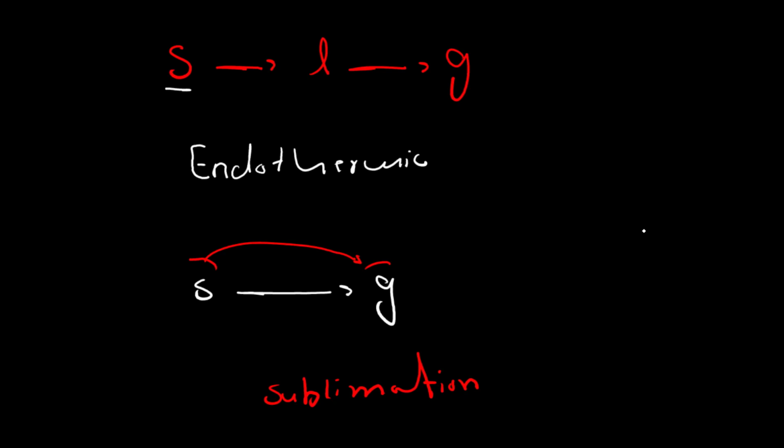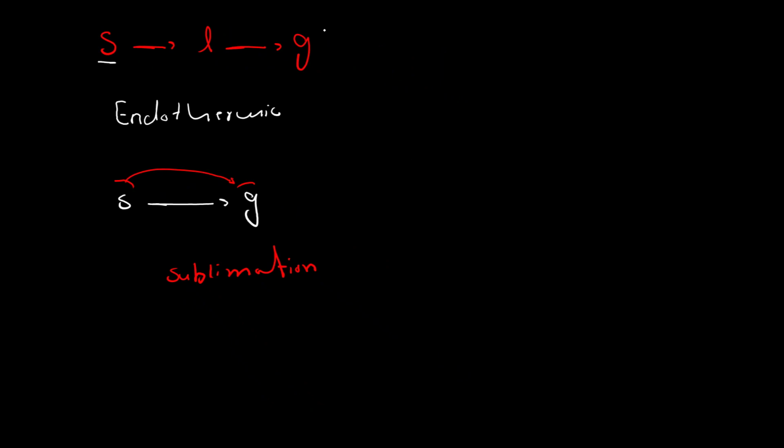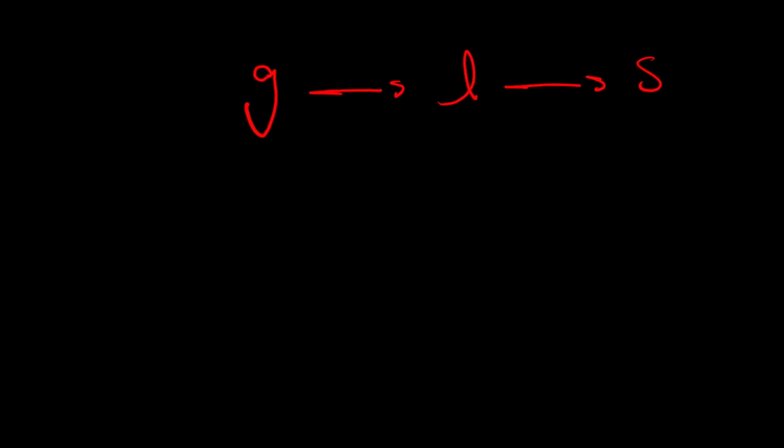Now come to the example of an exothermic reaction. If we take it in inverse form, for example, we want to convert a gas to a liquid, and after that the liquid to the solid form, right? In this reaction, while we change the gas to liquid and the liquid to solid, the gas needs to release energy.